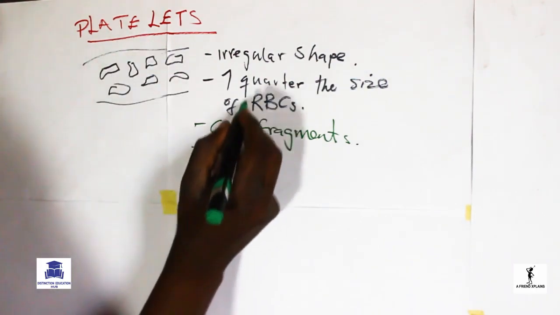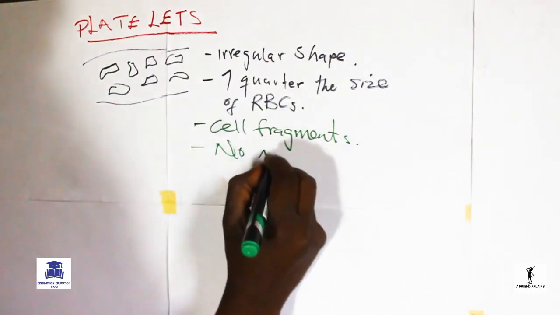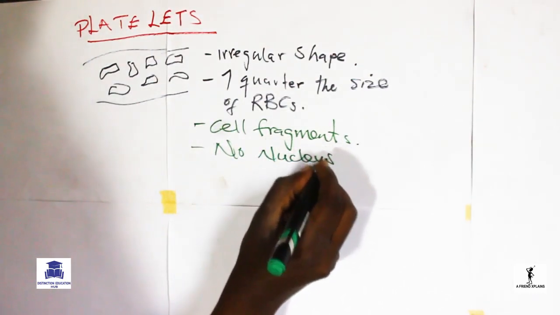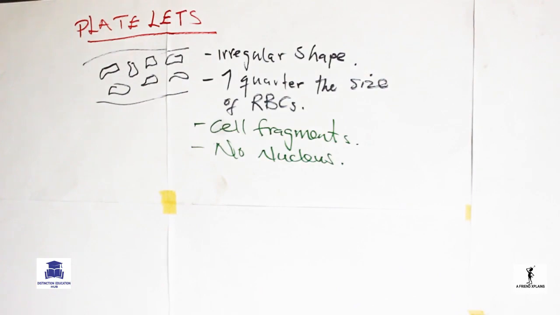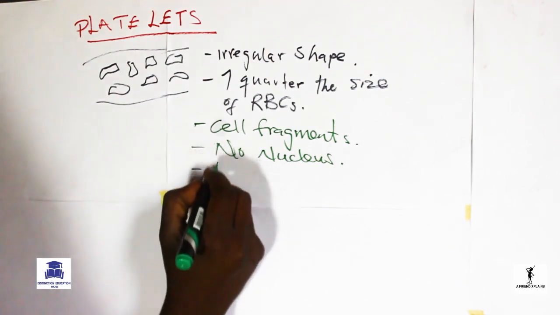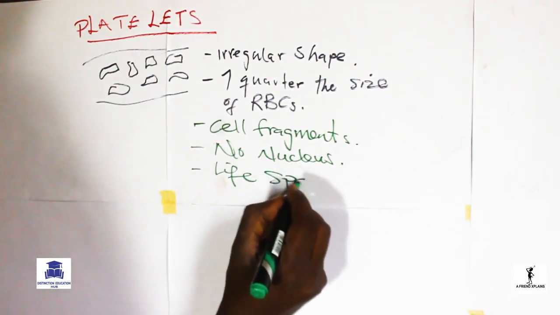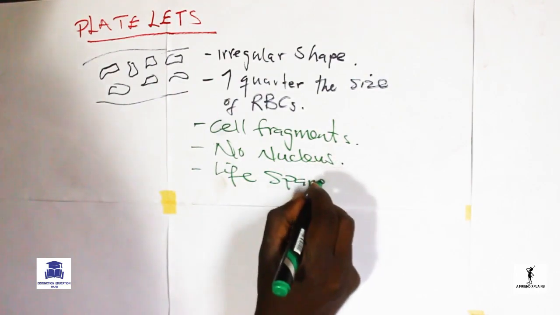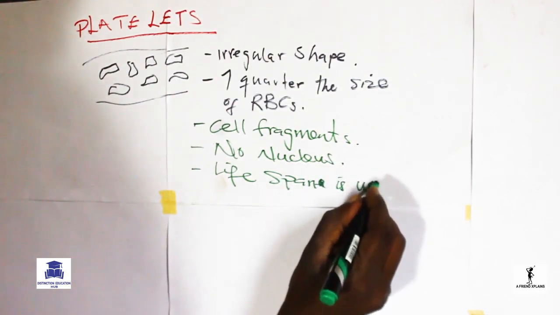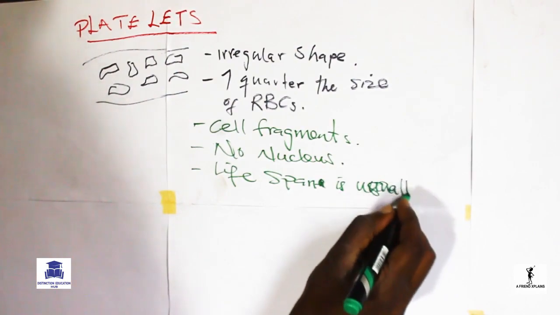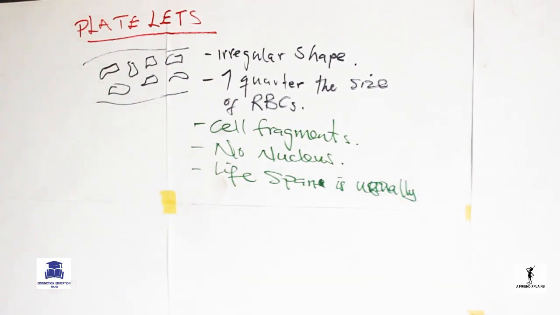And also, just like the red blood cells, blood platelets do not have a nucleus. Then in terms of their lifespan, it is usually 5 to 9 days, right?